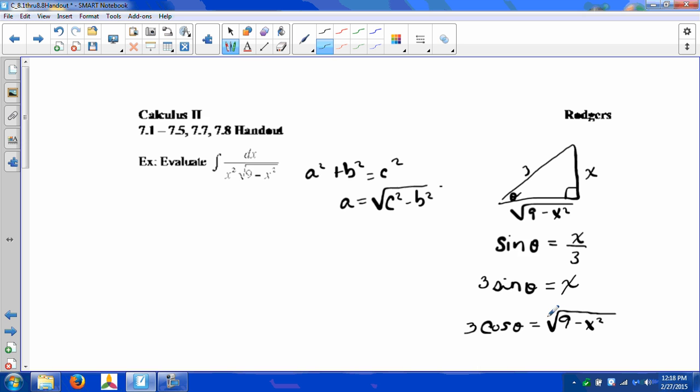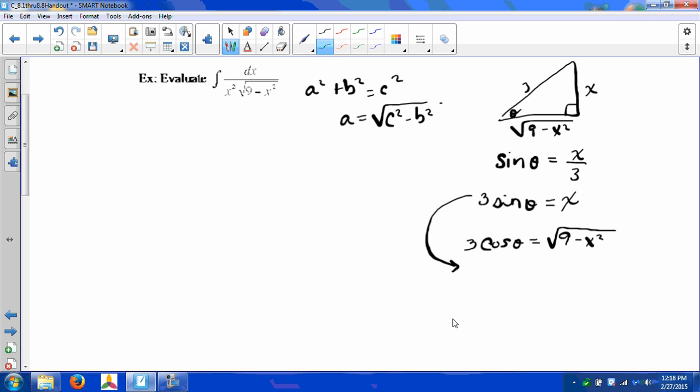All right, and then also I need to find dx and d theta. So I'm going to take this one and differentiate it so that I get d theta. The derivative of 3 sine theta is 3 cosine theta d theta equals dx.